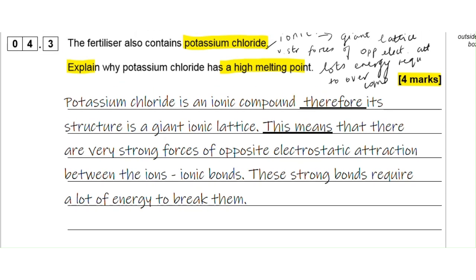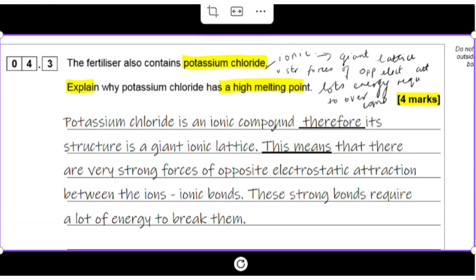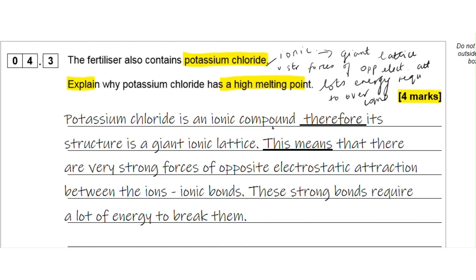So let's put all this together to get ourselves a 4-mark answer. Potassium chloride is an ionic compound, therefore its structure is a giant ionic lattice. This means that there are very strong forces of opposite electrostatic attraction between the ions. We call these ionic bonds. These strong bonds require a lot of energy to break them. Now let's look at the mark allocation.